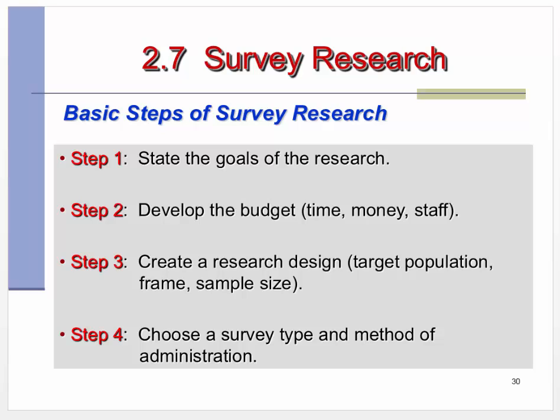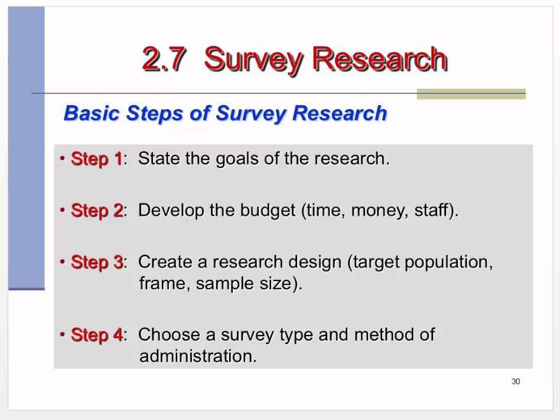The basic steps of survey research are: step 1, state the goals of the research. Step 2, develop the budget. This is the budget for time, money, and staff. Step 3, create a research design. That is your target population, sampling frame, and sample size.